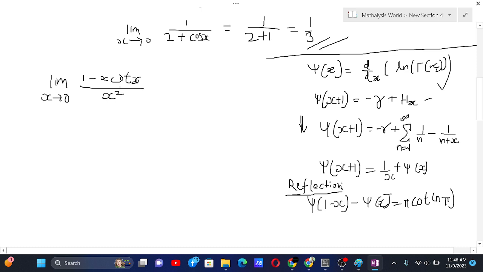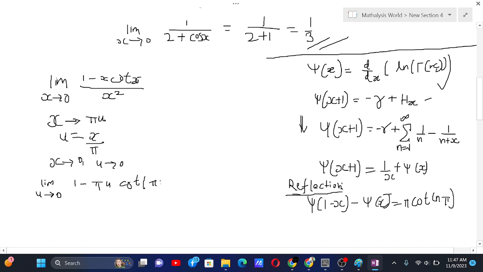So let us substitute x as pi u, so that u equals x by pi, and thus as x tends to 0, u also tends to 0. So we have the limit as u tends to 0 of (1 minus pi u cot pi u) by pi squared u squared.